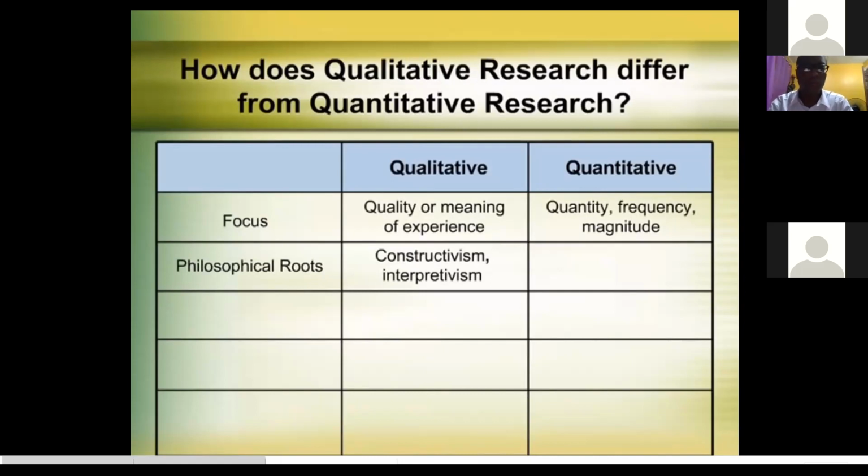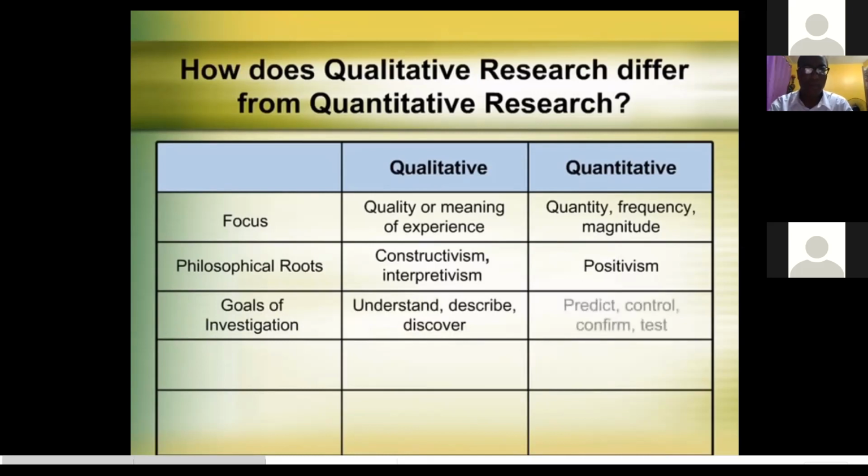It belongs to the school of constructivism or interpretivism. Quantitative research is based on positivism, that holds that physical and social phenomena are independent of the observer, are fairly stable over time and place, and can be objectively observed and quantified. Goals of investigation. The goals of qualitative research are to understand, describe, discover meaning, or generate hypotheses or theory. Quantitative research aims to predict, control, confirm, and test hypotheses.